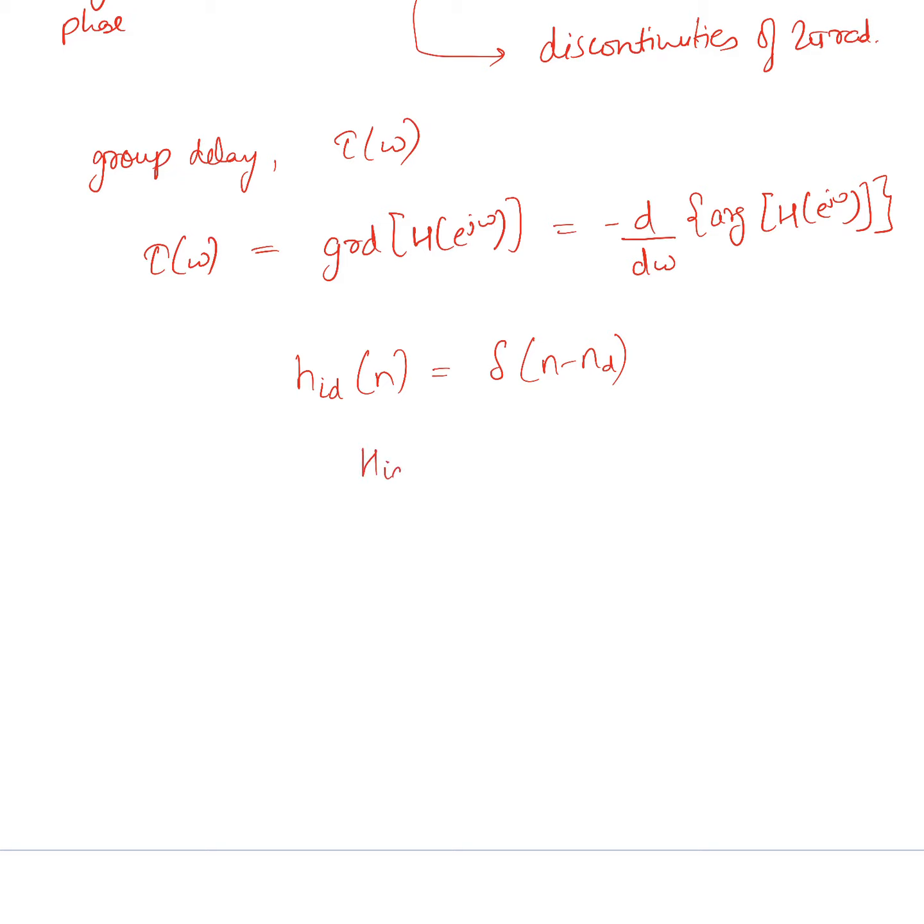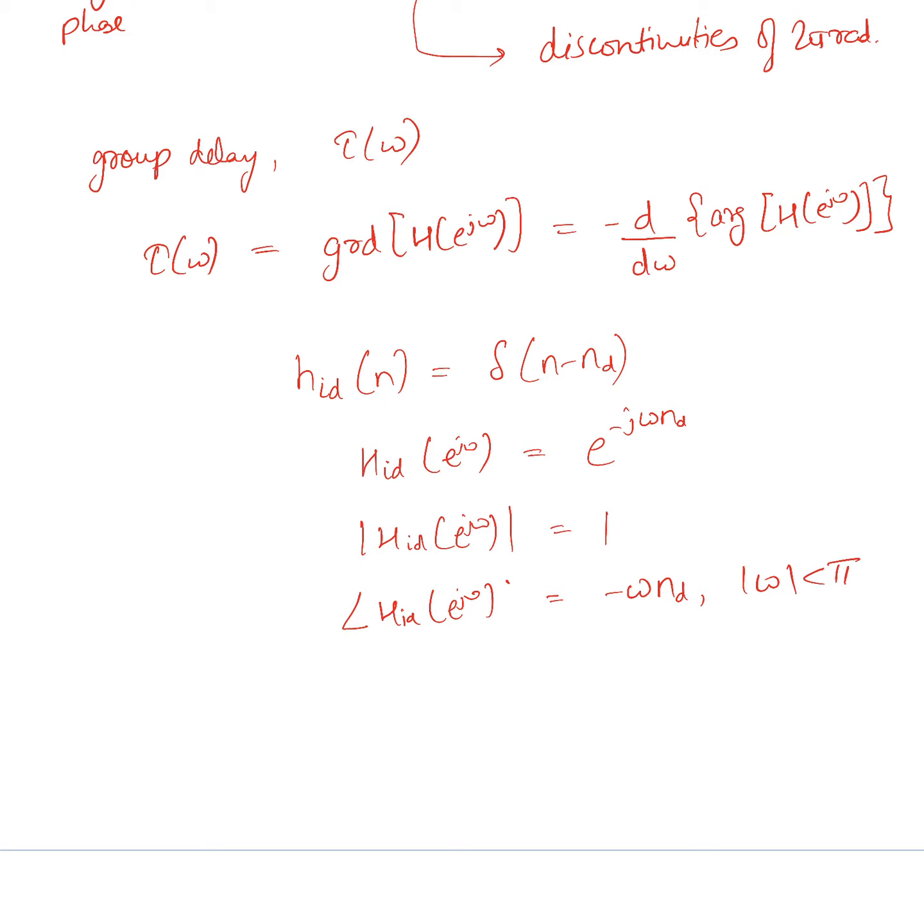In the frequency domain, it would be equal to e to the power minus j omega nd, and the magnitude of this frequency response would be 1, while the phase shift of H_id would be minus omega nd for mod omega less than pi, with periodicity of 2 pi in omega assumed already.